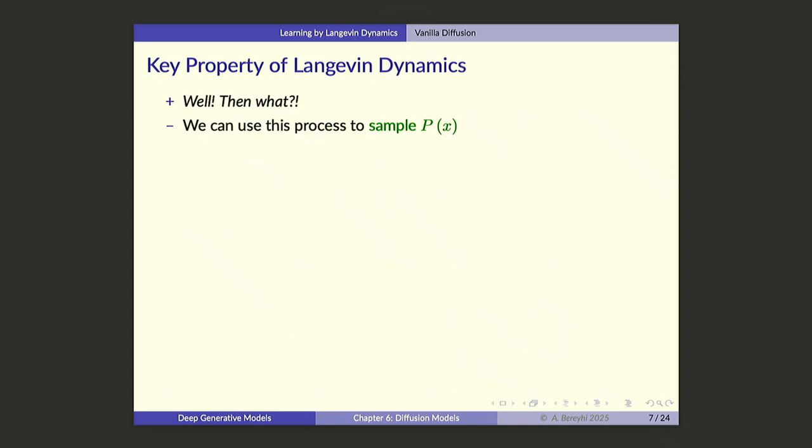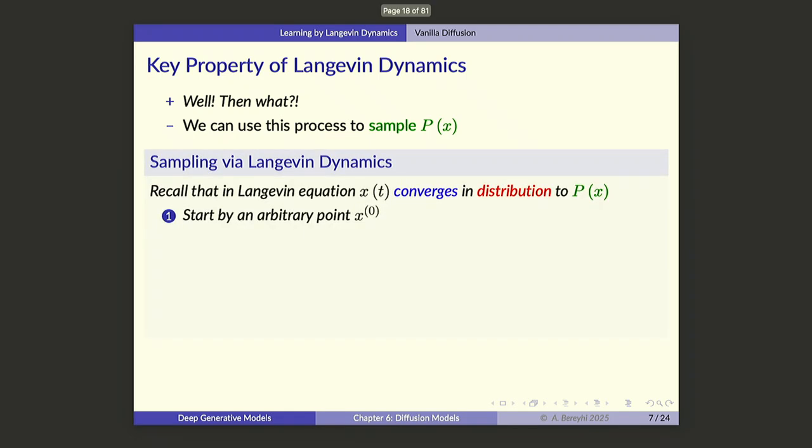If we just use this dynamics, we can actually sample from the distribution Px, right? I just need to put the Px inside the drift term, right? And then write down the Langevin dynamics, and I keep on going, right? I start from any point, I keep on going. I'm going to have one sample, which is distributed by Px. Everybody's clear? So this is going to be the idea of sampling by the Langevin dynamics.